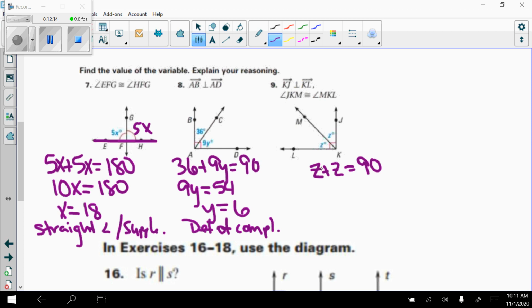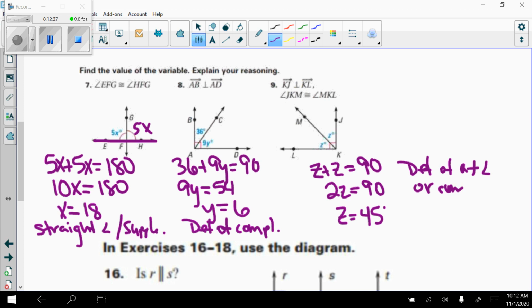Combine my like terms. So Z plus Z gets me 2Z equals 90. And then when we divide, Z equals 45. This one will actually get a degree sign because the Z was the actual angle itself. Again, we could use definition of either right angle or complementary.